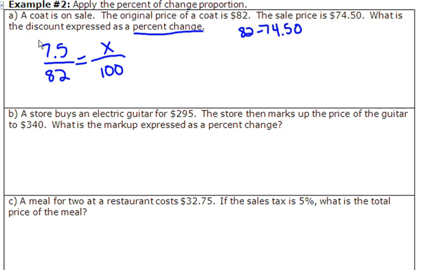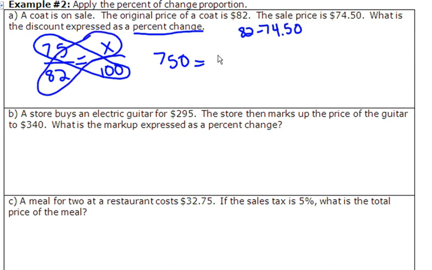So that's what I put in the numerator of this fraction. Now I cross multiply. 7.5 times 100 is 750. 82 times x is 82x, and I go ahead and divide by 82 on both sides.